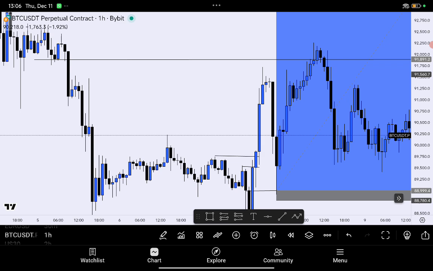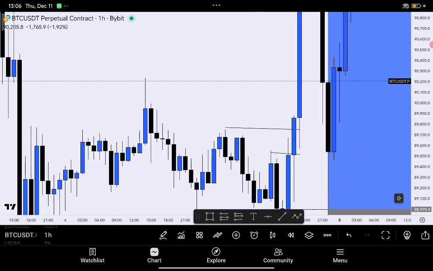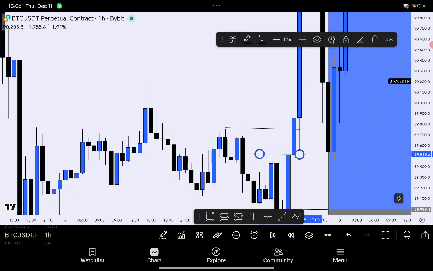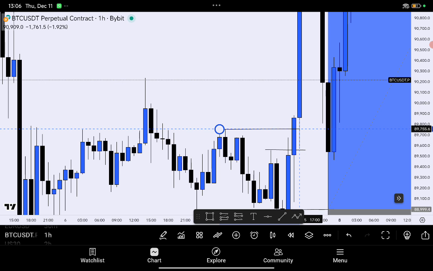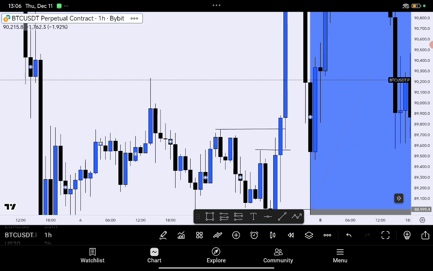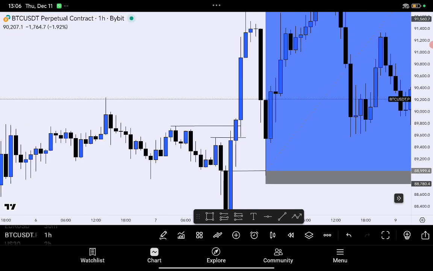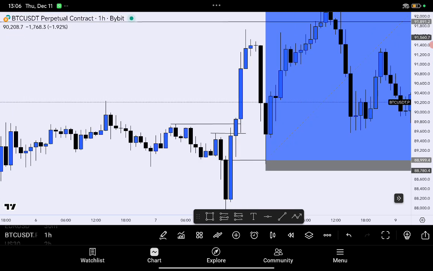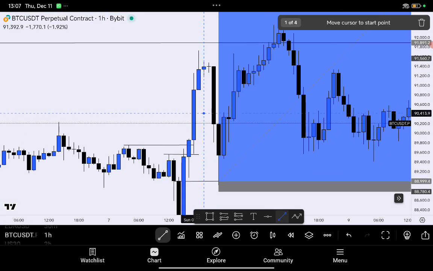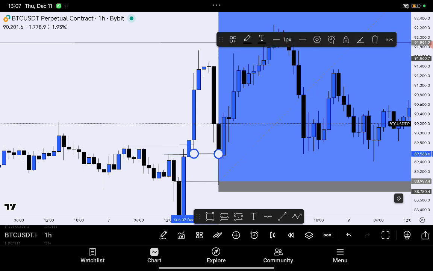Let me zoom in. First break of structure, second break of structure. Then the immediate pullback that the market makes after a break in structure or shift in structure is our liquidity, which is here.